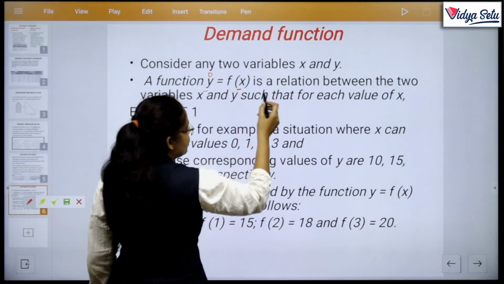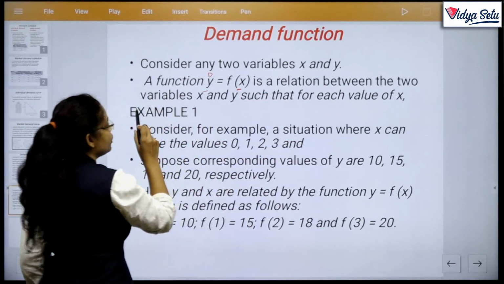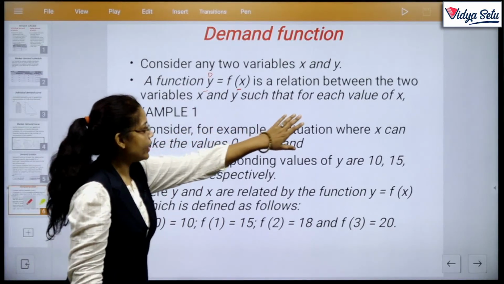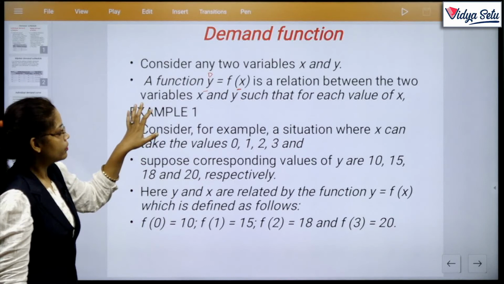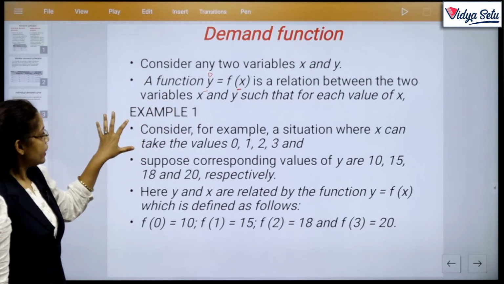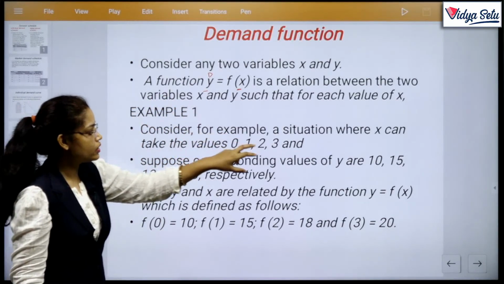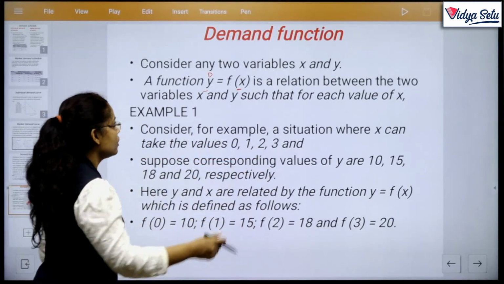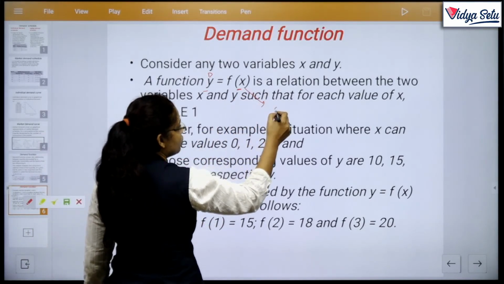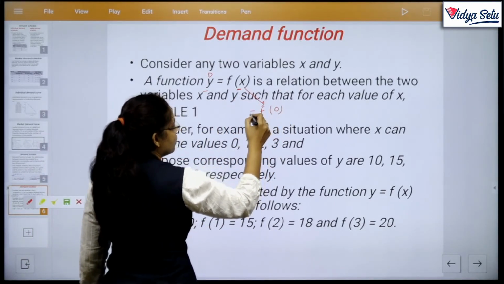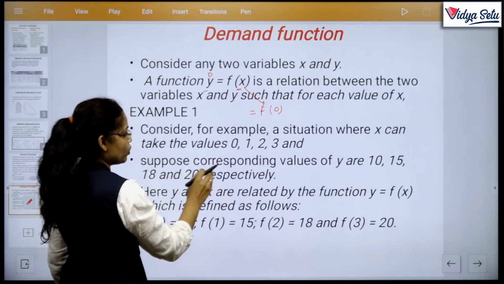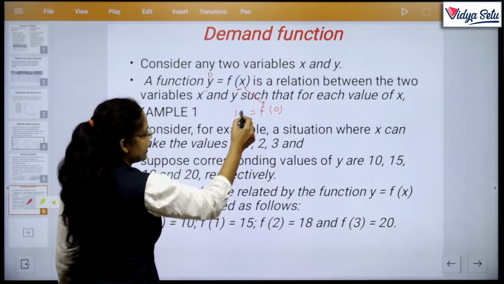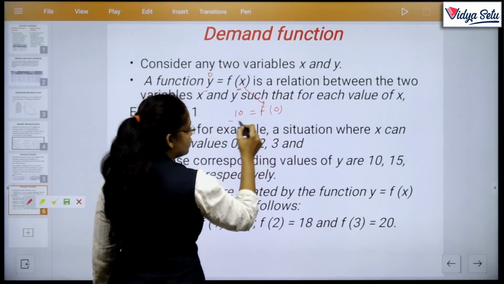And F is the function, a relationship between the two variables X and Y, such that for each value of X, for example, consider a situation where X can take values of 0, 1, 2, 3. Suppose corresponding values of Y. So the first Y value is 10. Okay. So the equation is this.